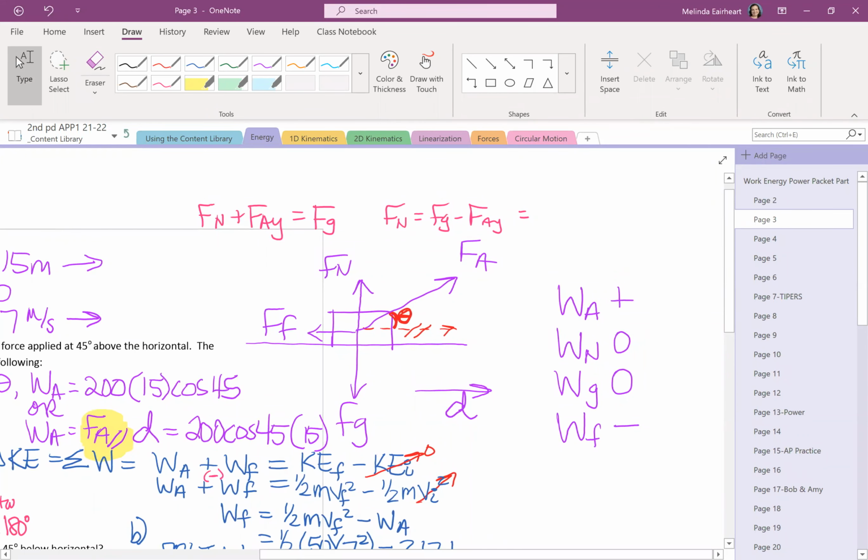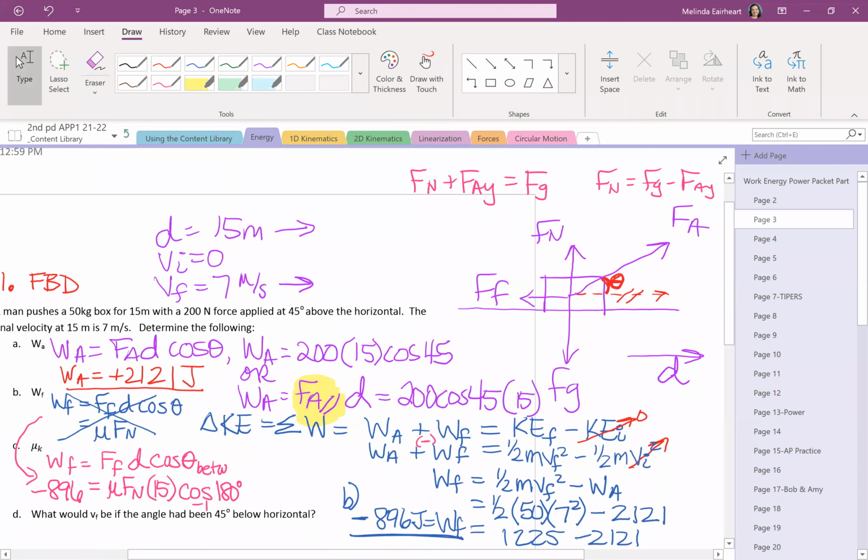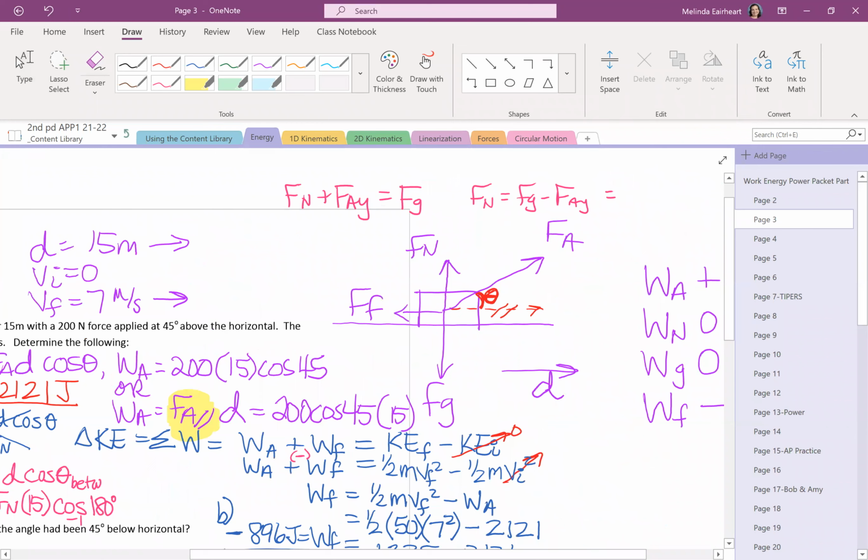Fg, what do I plug in? Mg, the mass times gravity, and we'll go with 10. Moral of the story, don't just say 10, because that's the number one mistake students make. They're like, Fg, oh yeah, 9.8, 10. It's mass times 9.8. And so the mass is given in the problem, 50 kilograms.